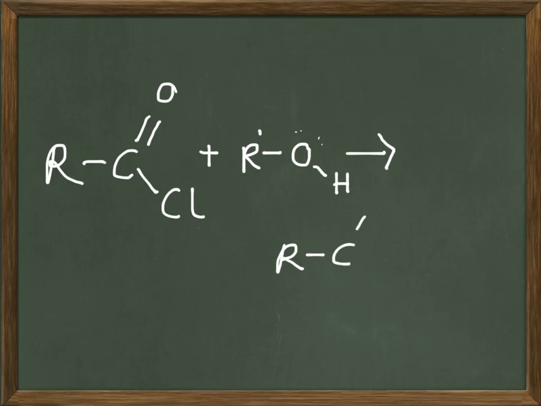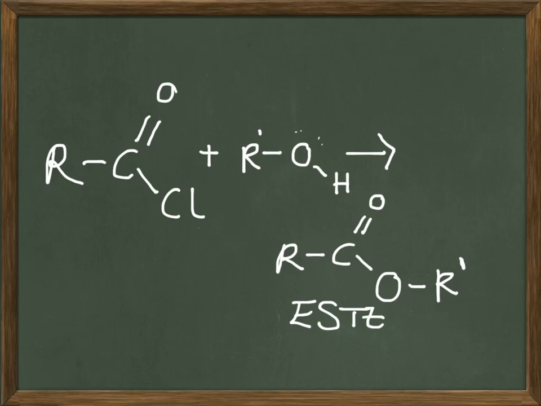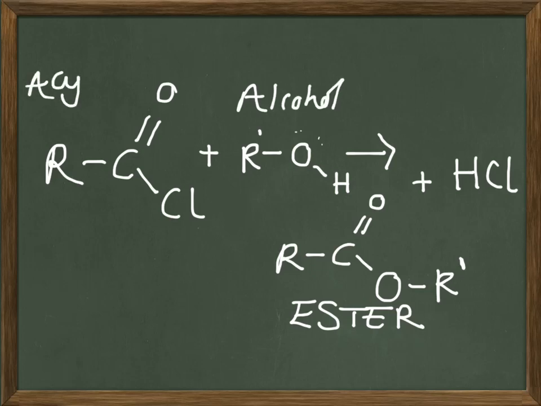And essentially what you're going to make is an ester. So the alcohol has replaced the chlorine atom. It's lost one of its protons on the alcohol, and we've made an ester, and the proton's gone and joined up with the chloride and formed HCl. So there's your acyl chloride.